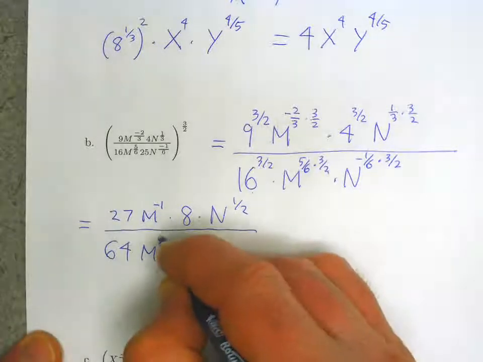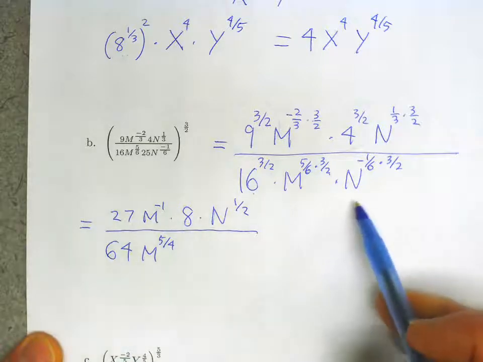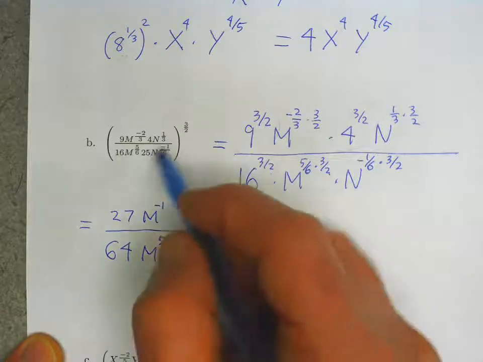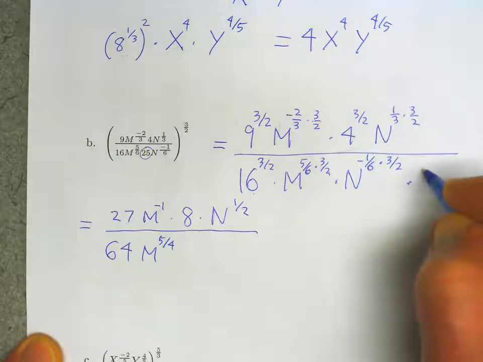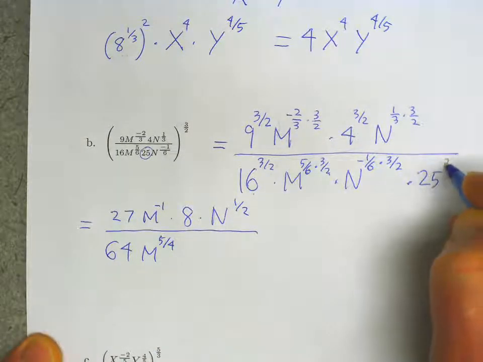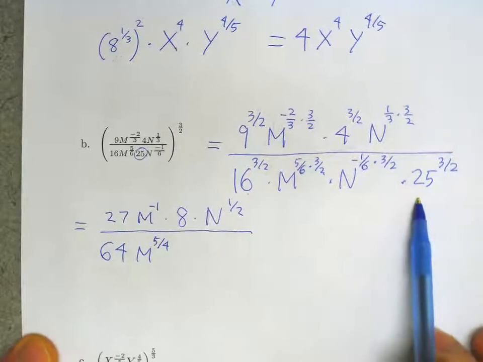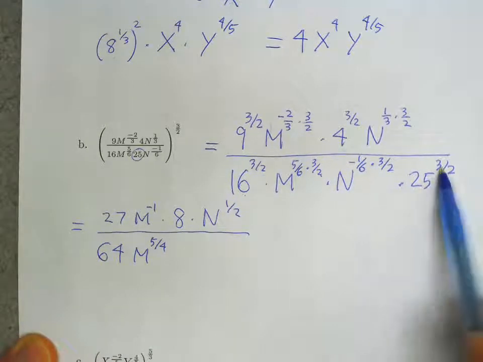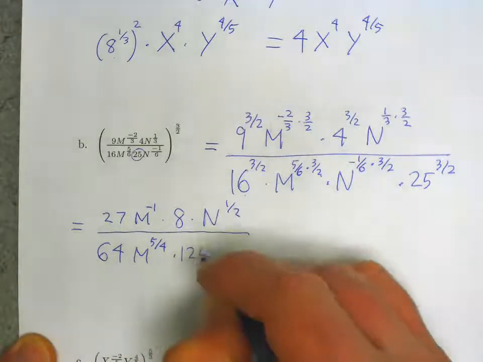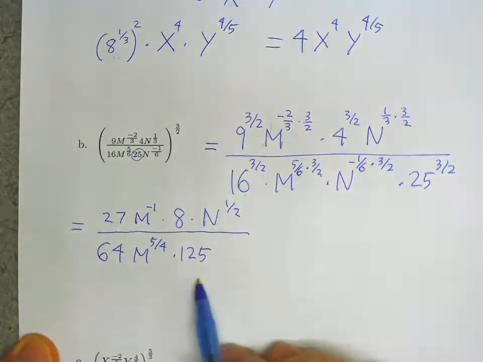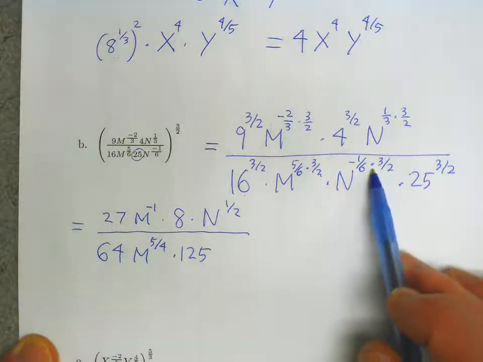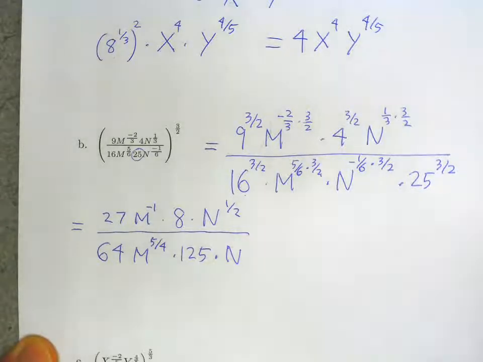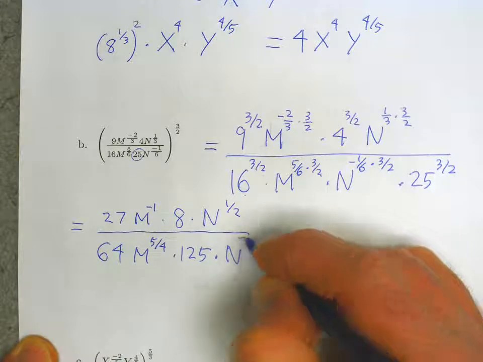So m to the 5/4. And then, darn, I forgot the 25. So I'll write this 25 to the 3 halves right here. But 25 to the 3 halves, the square root of 25 is 5, and then 5 to the 3rd is 125. And then n to the negative 1/6 times 3 halves is just n to the negative 1/4.